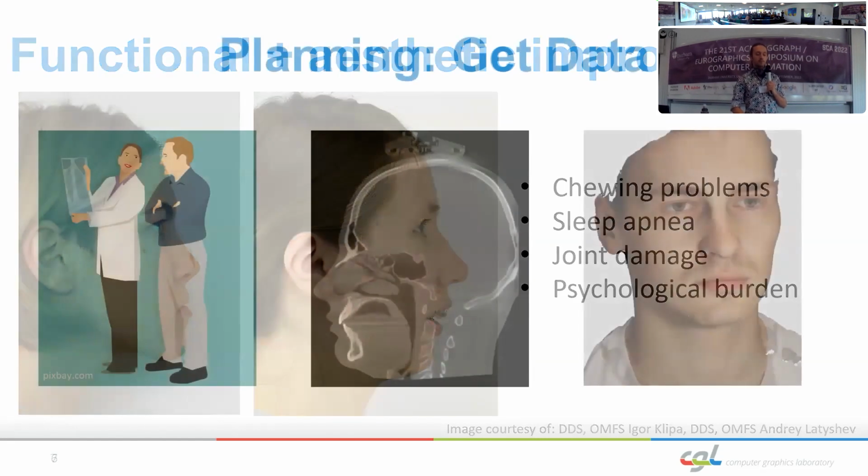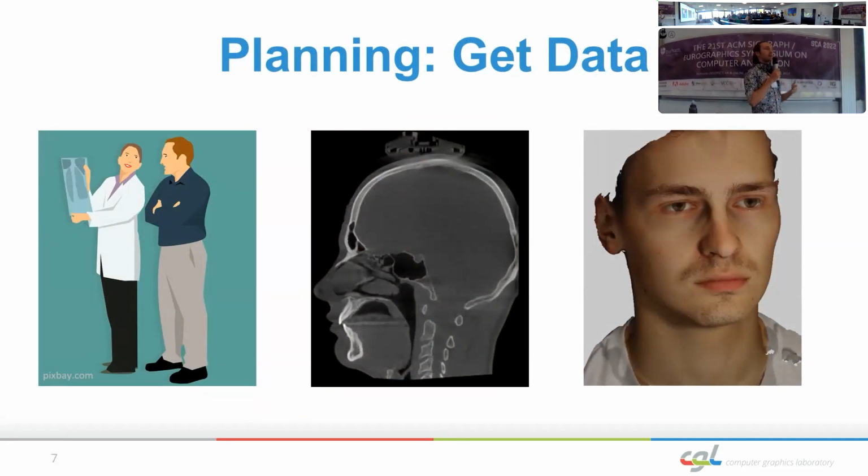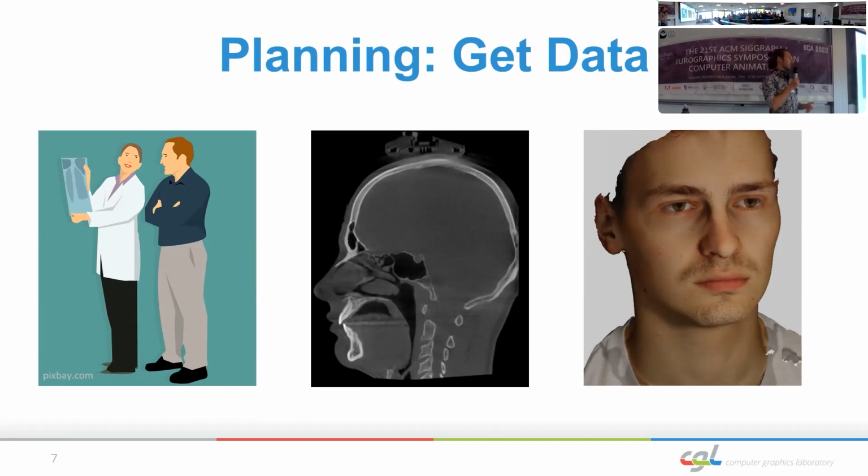The first step of planning is to gather the data. This includes a consultation, and the doctors then take medical scans, for example, 3D CT images and 3D face scans optionally. And this allows them to determine a broad goal of the treatment. After this, a specific goal is set.